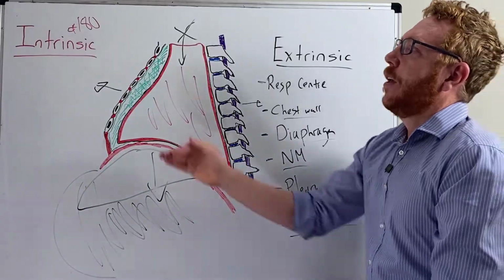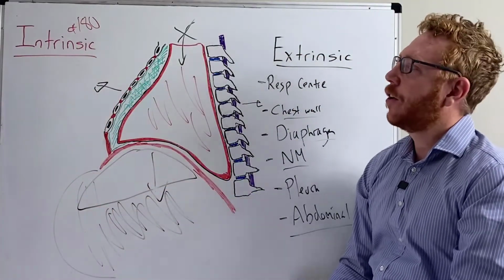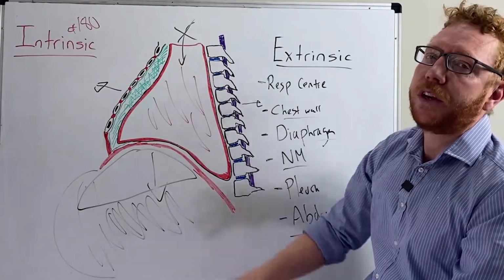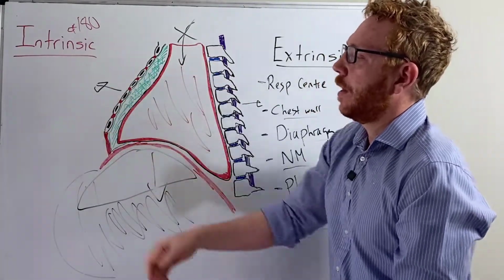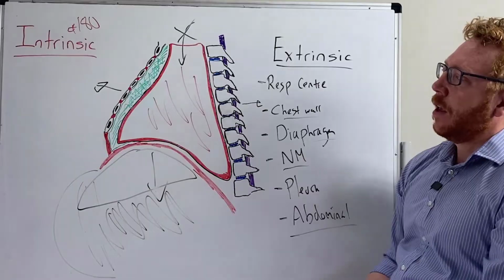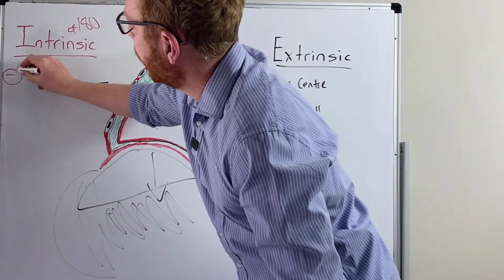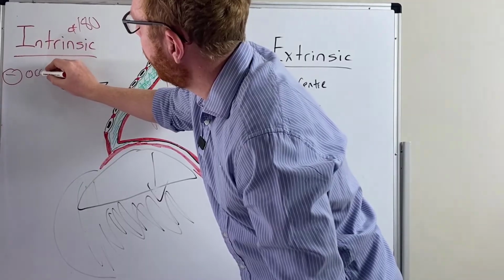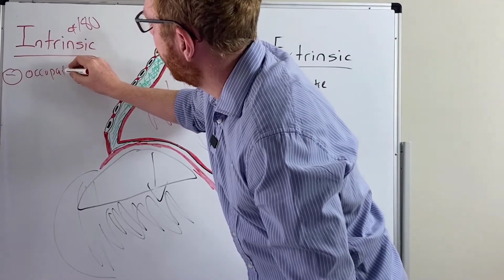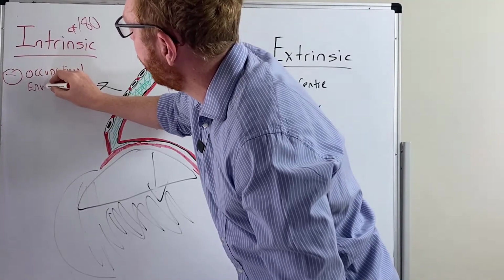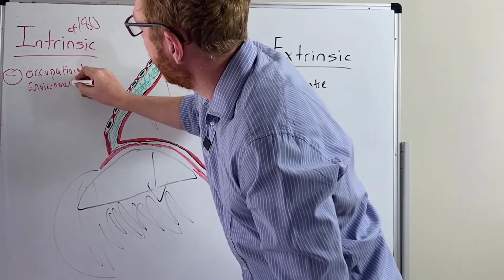Okay, so another method of trying to categorize intrinsic or specific parenchymal issues with the lungs is through these examples or subcategories. So one would be occupational/environmental.